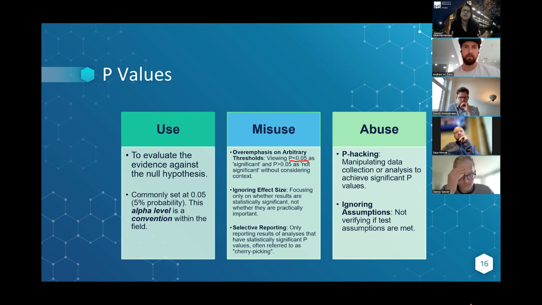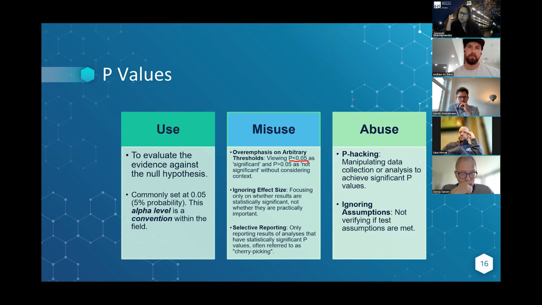It doesn't have to do with the effect. It just has to do with you repeating the same test because it's a probabilistic test. So this is a way in which you can be p-hacking. So you can be p-hacking without even knowing that you are biasing your results.